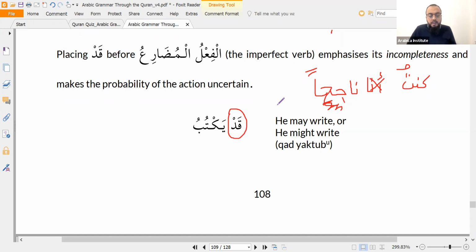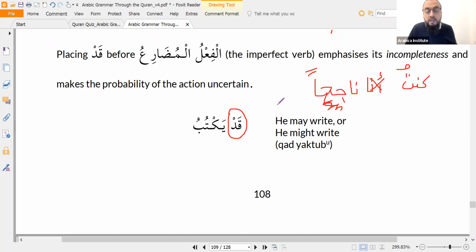All right. Now be slightly careful here. In the Qur'an, qad is used with imperfect verbs not to mean might or may, but with the meaning it renders with the perfect verb. So qad ya'lamillahu. Does that mean Allah might know, or Allah definitely knows? Definitely.